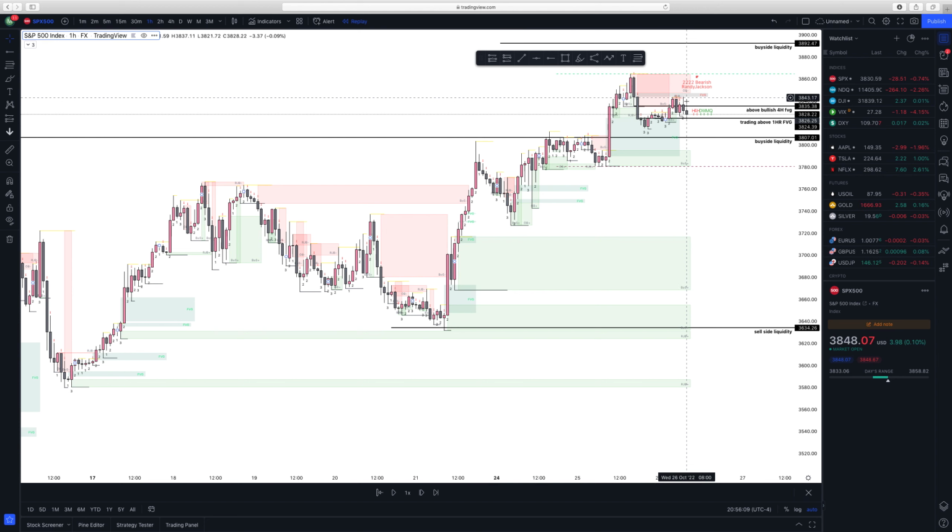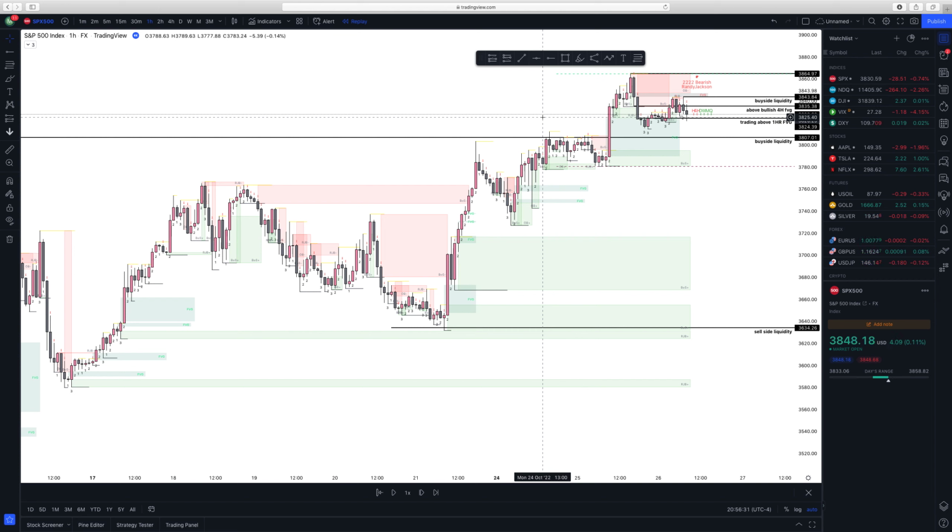My first target was here, 38.43. And my next level was at the highest point, completely towards buy side liquidity, completely filling that order block.